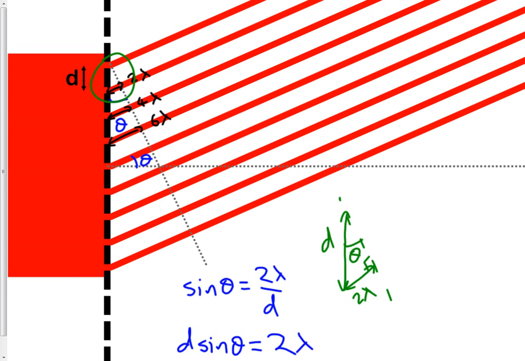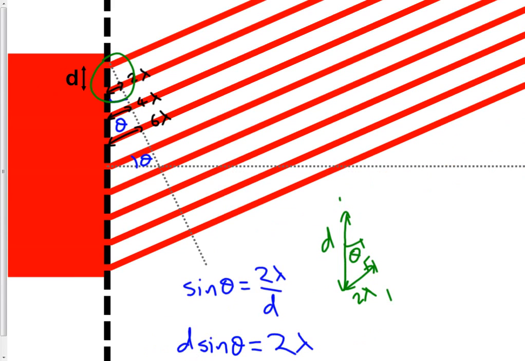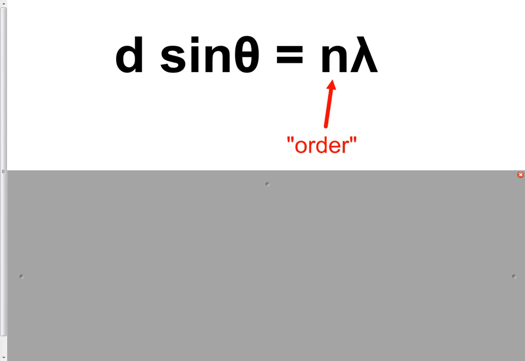Now we can generalize this because this is exactly the same as the other formula, except the other formula just had lambda. That was the first fringe off center. This formula has 2 lambda, the second fringe off center. So we can just generalize that and call that n. So now we have this formula where d sine theta equals n lambda, where n is the order, it's called the order of the fringe.